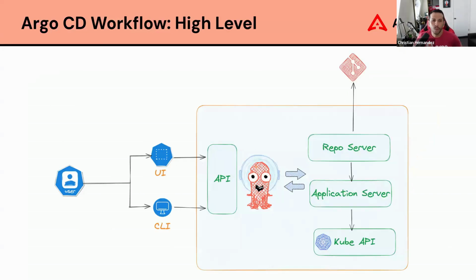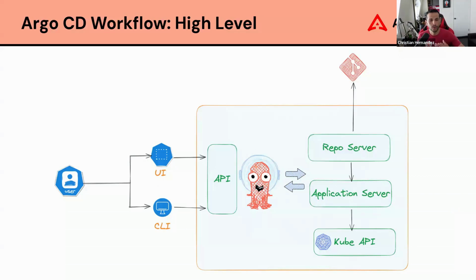And the Argo CD workflow from a high level works this way, right? So if you're a user, whether you're using the UI or the CLI, you're going through the Argo CD API. So the Argo CD API kind of sits there as your interface into Argo CD, and then by proxy, your interface into the Kubernetes cluster that you're managing.